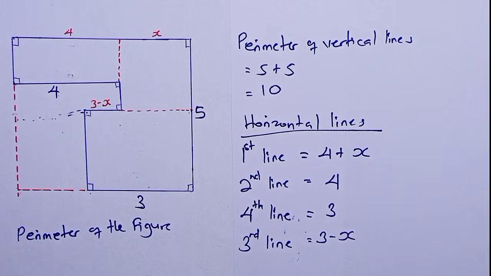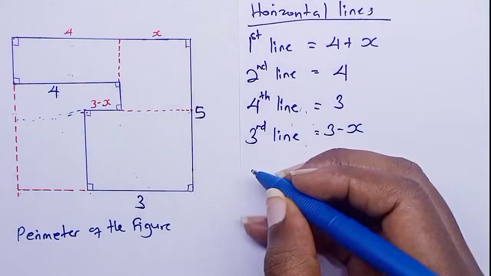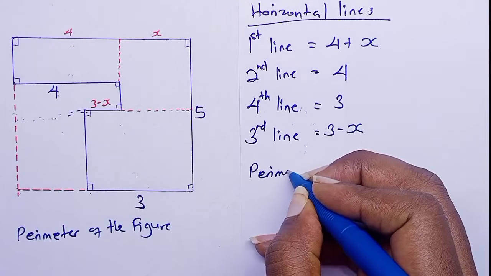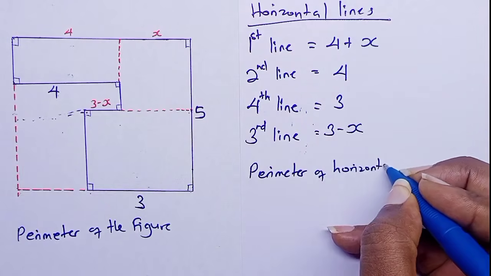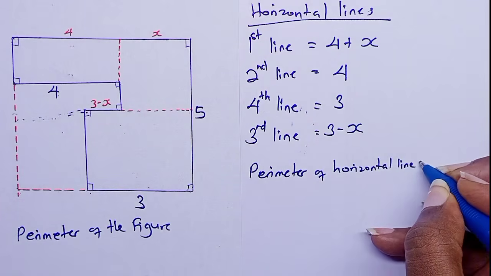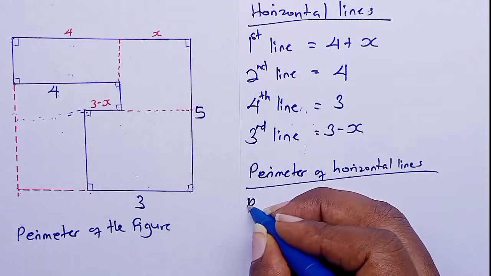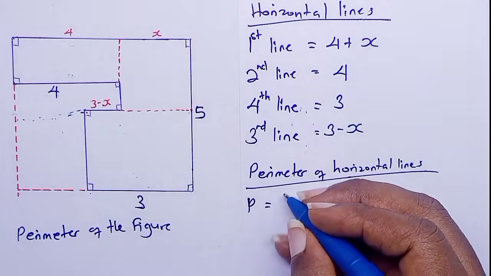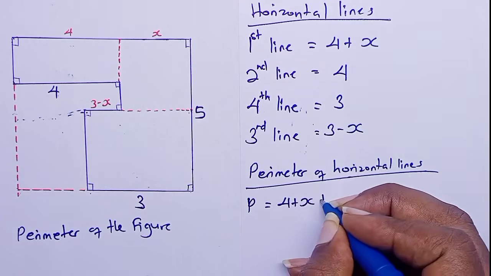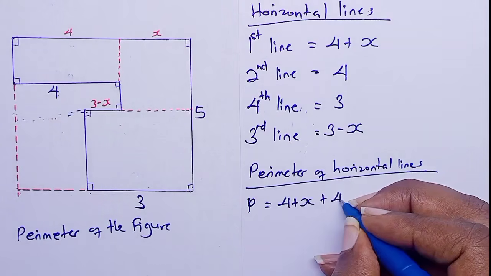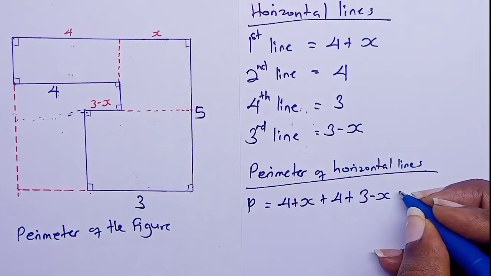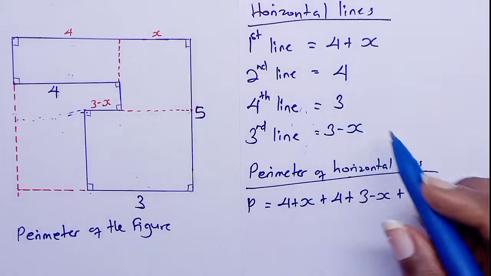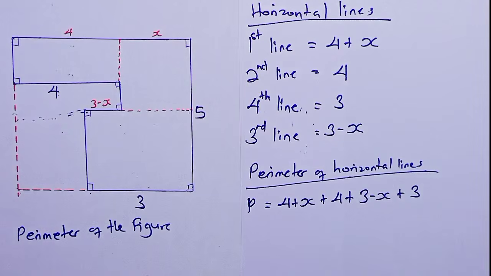Now to find the perimeter of horizontal lines, it will be the first line, which is 4 plus x, plus the second line, which is 4, plus the third line, which is 3 minus x, plus the fourth line, which is 3.